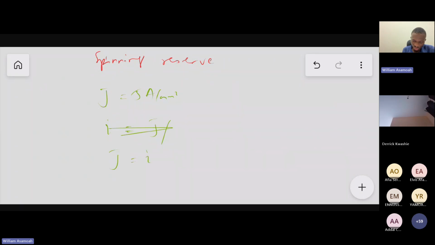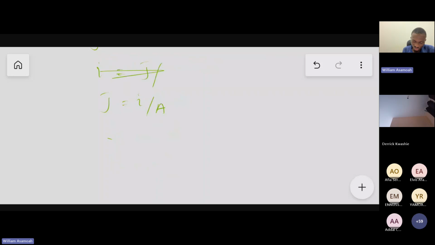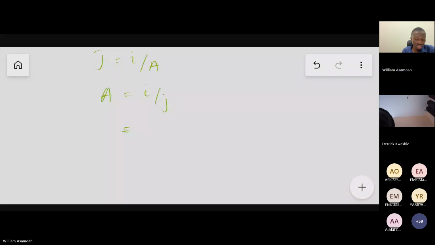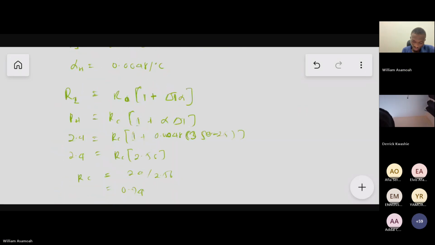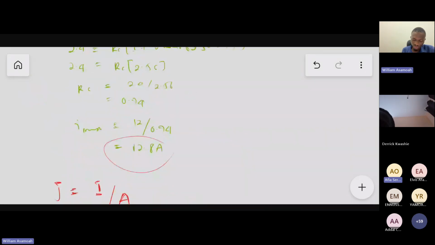J is equal to I over A, so A will be equal to I over J. The I that we had was 5 amperes.